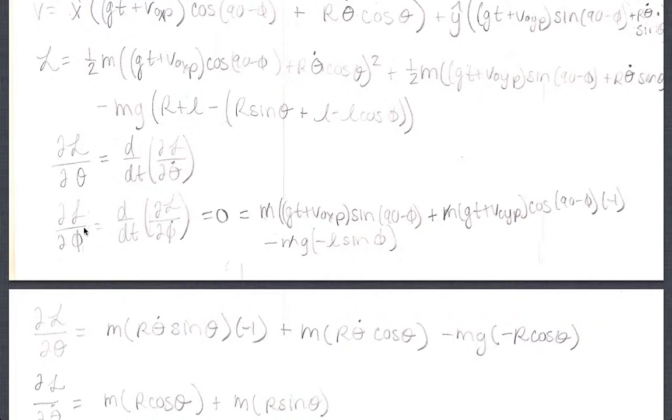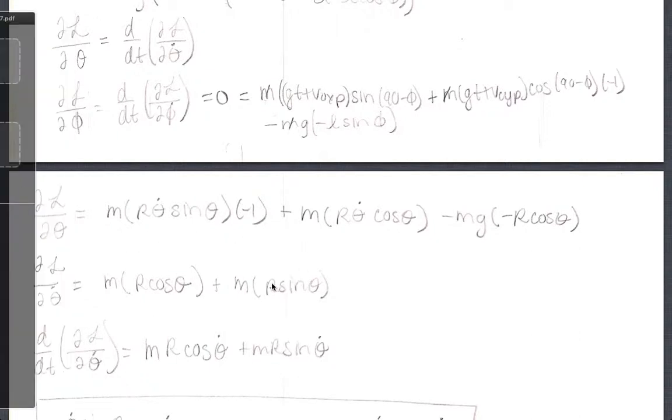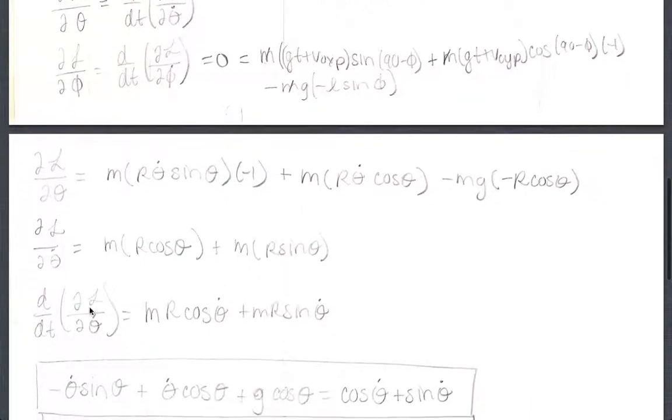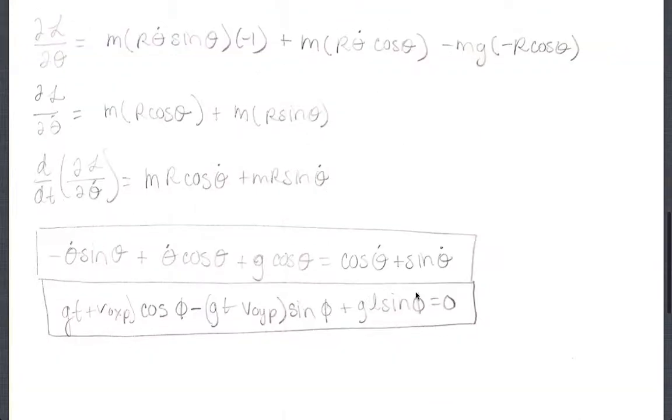So I just found the derivative with respect to phi and got to this, so that's our expression to find phi. And then I found dL/d theta, I just took the derivative, and then dL/d theta dot, and then d/dt of dL/d theta dot, and I set this equal to this and simplified a little bit and got this expression, and this is just a simplified expression for my phi equation.